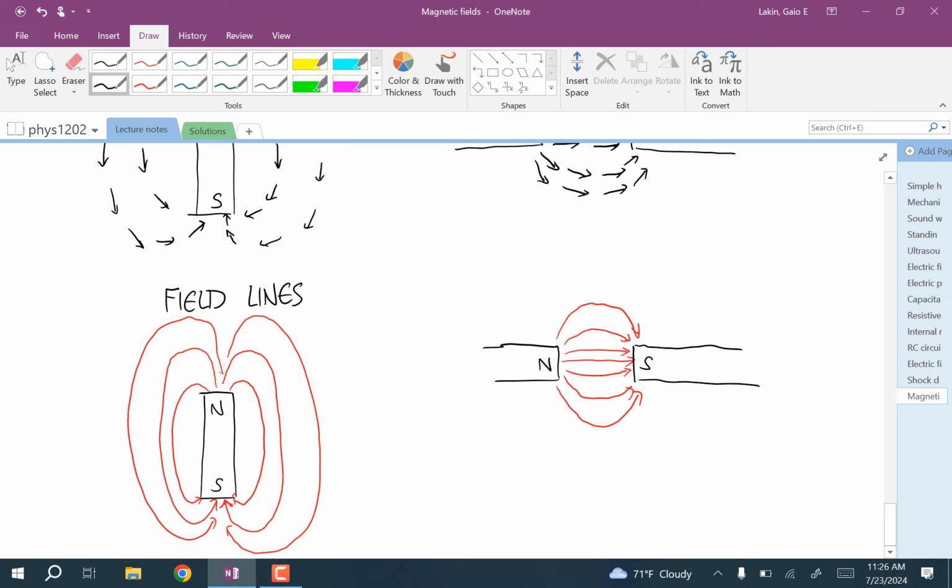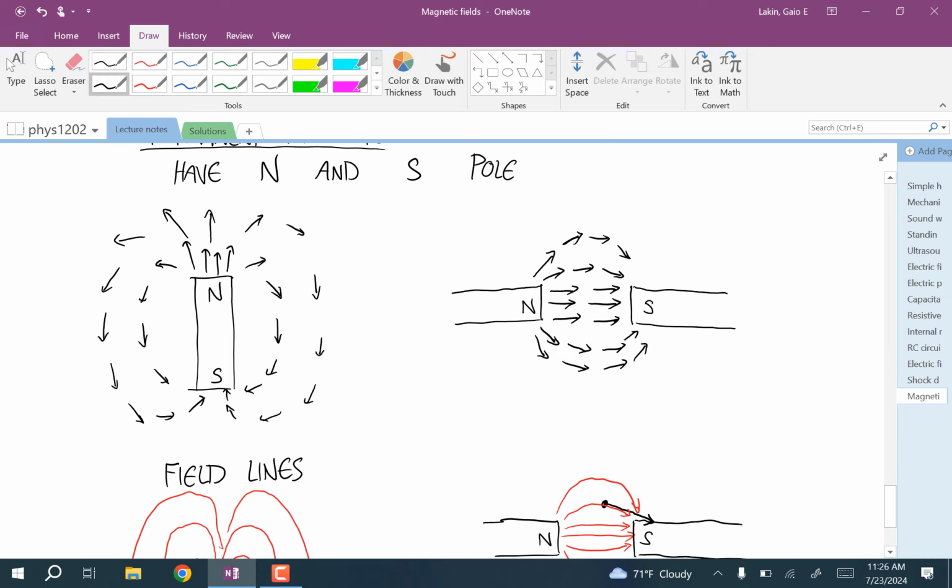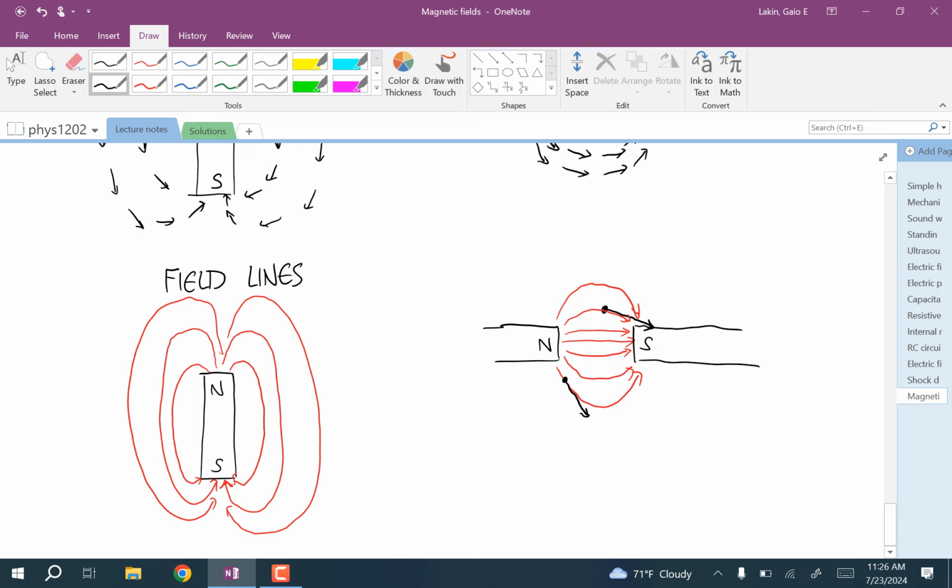Well, any point you choose, let's choose this point. I just chose that randomly. The magnetic field vector is going to be tangent to that field line in the direction of the field line, so the vector is going to be like that. And if I chose this point, it's going to be tangent to that field line this way. Okay, so all of the information that's conveyed by drawing a million arrows is conveyed with the field lines.